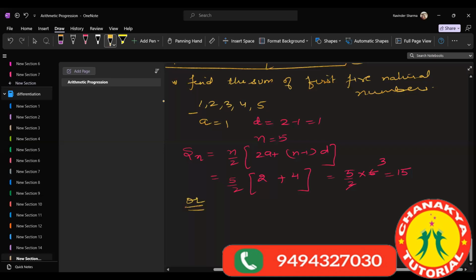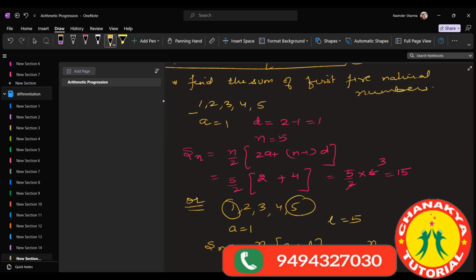Now see here, 1, 2, 3, 4, 5. Here the first term is given as 1 and the last term is given as 5. So you can apply that formula also. It was n by 2, first term plus last term.